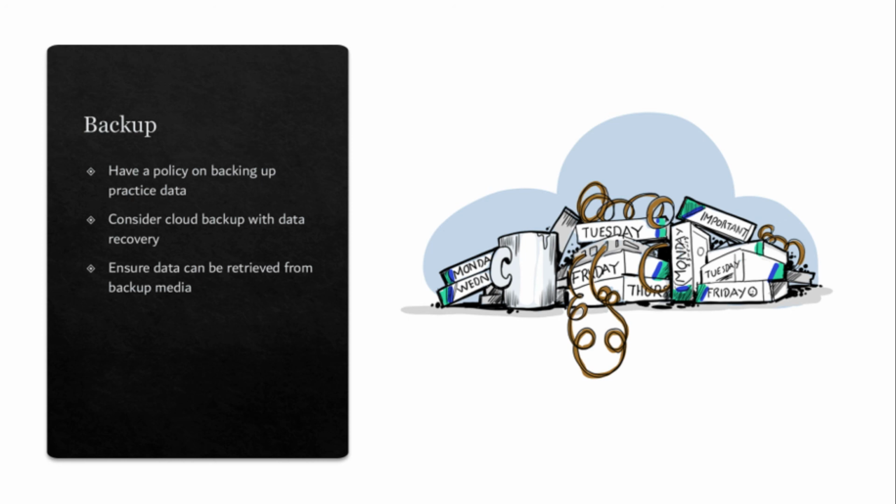In this day and age, if possible, I'd advise practices to use both hardware, such as a tape system, and some people use a portable hard drive. But more importantly, if you can, get a cloud backup system, because cloud backup also offers the option of data recovery. And this is very important if your practice happens to be hit by any type of malware.